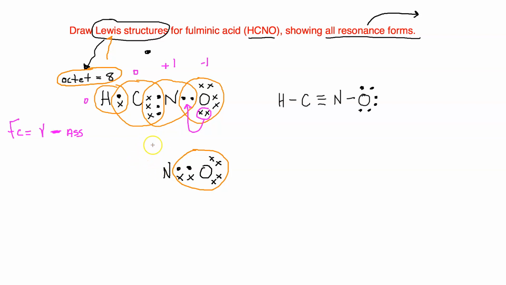Getting back to my drawing, what's going to happen is I'm going to kick out a pair of electrons to the carbon. If I do it here, that gives me only 2 pairs. When I redraw this, I'll have a dot and an X, a dot and an X. Now I'm going to have a carbon here that has a dot and an X. I'm just plotting where electrons are coming from.